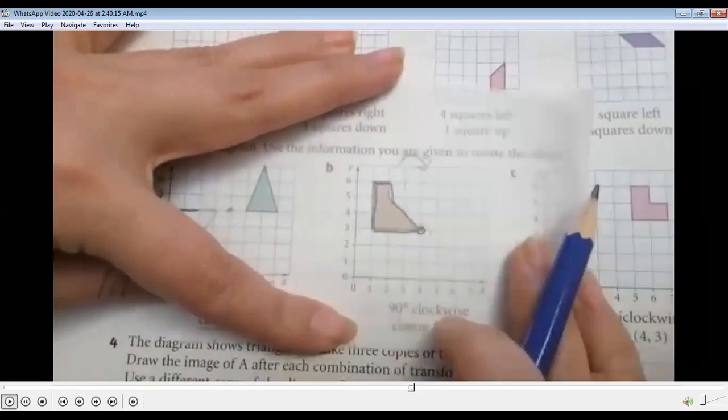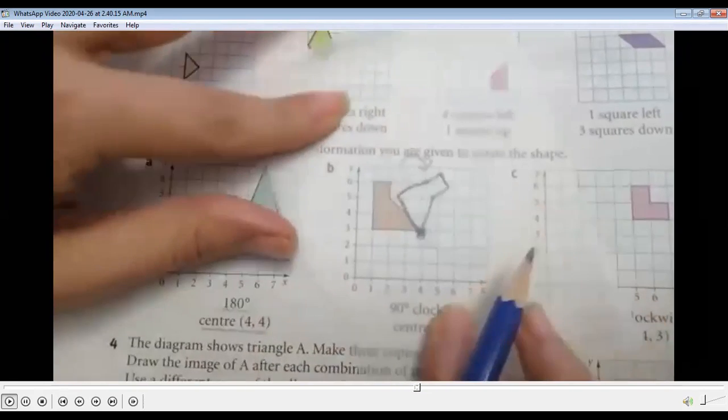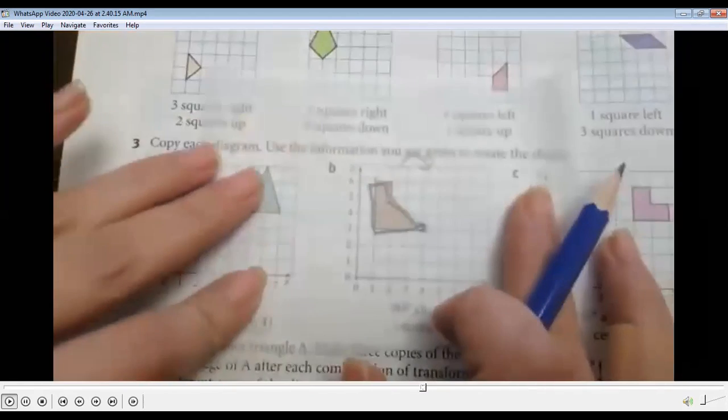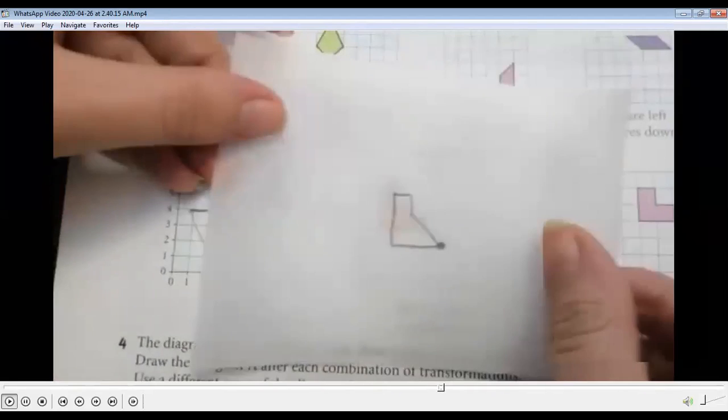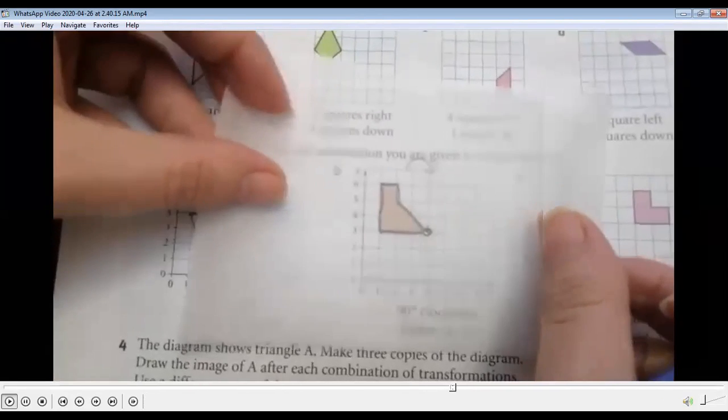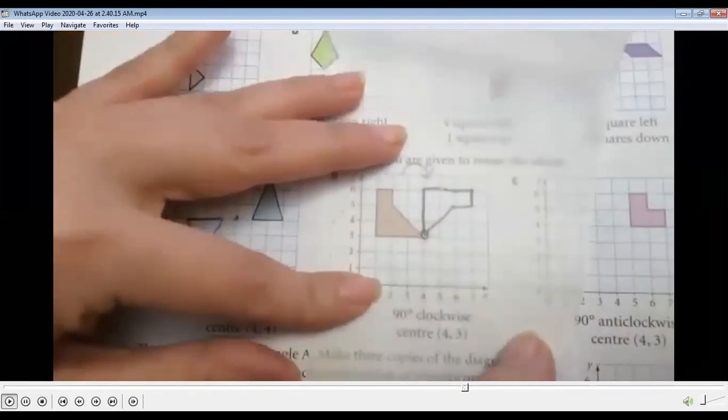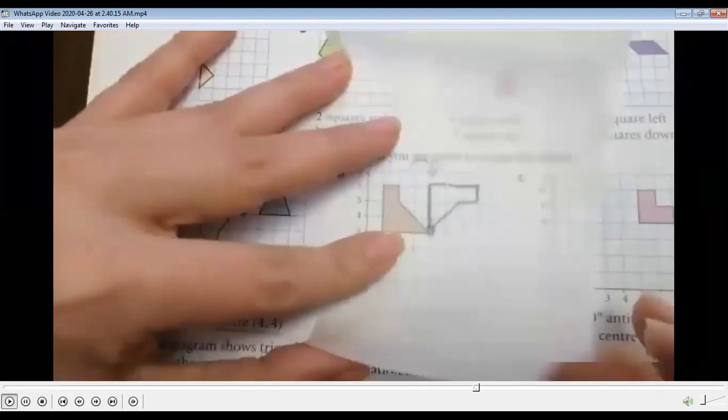So you hold your paper and just turn it one time clockwise. So see, this is it, just one time. That's 2 times if they tell you 180 degrees. Now we just need to turn it one time. So turn the paper one time and then draw your graph again on the grid question.